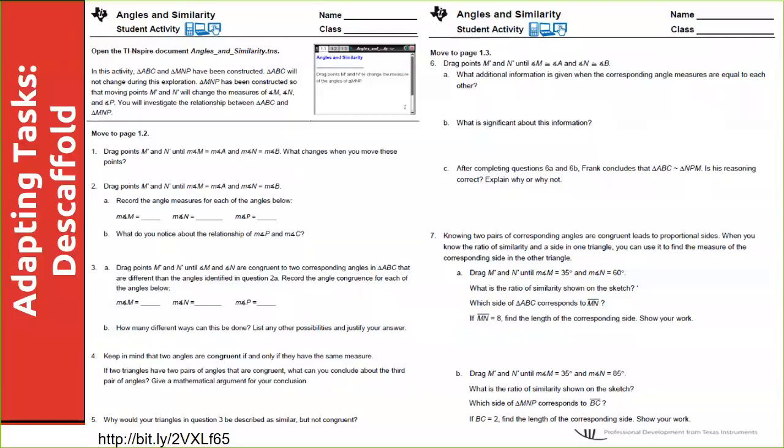And the 2nd page really just gets students to try to create similar triangles, even though they're not laid out in a fashion that they look like they've been easily transformed. They're flipped and reoriented to where it's not obvious at the start. As you can see here, it says move to page 1.2, which is where they're going to manipulate, and we'll see this on the next slide.